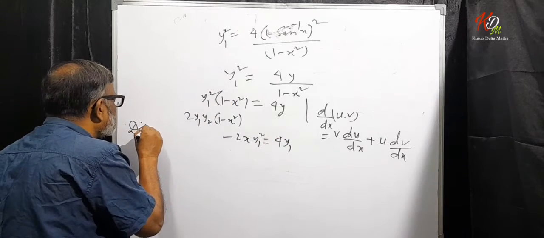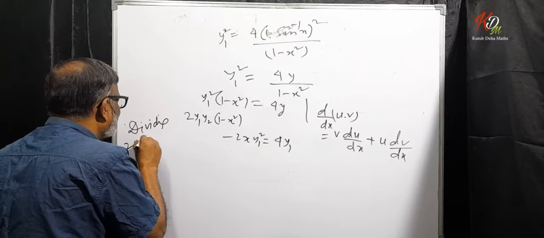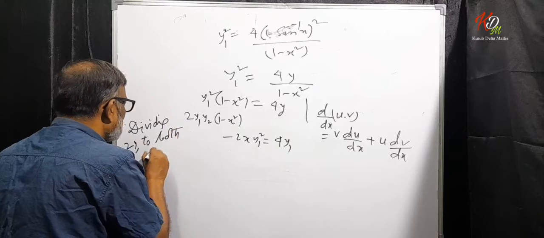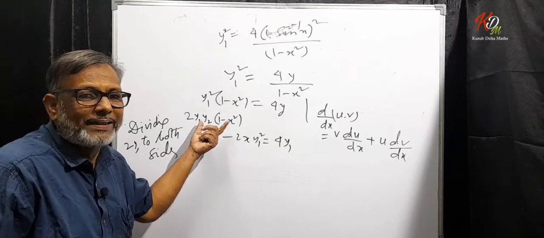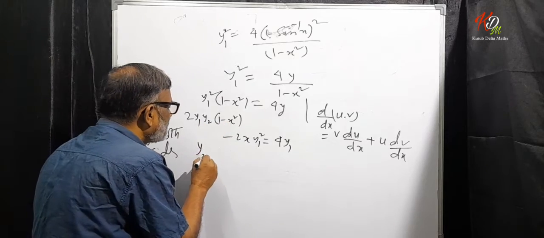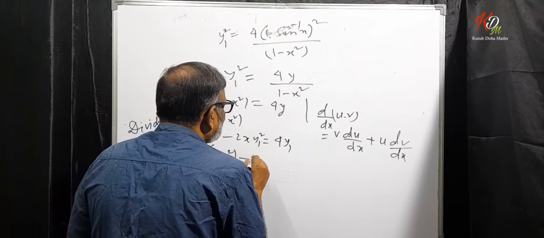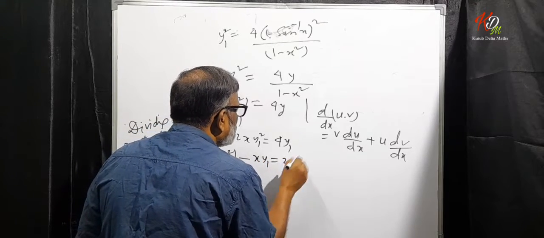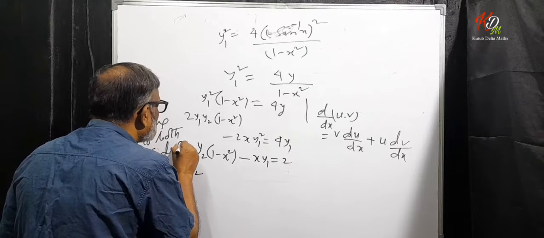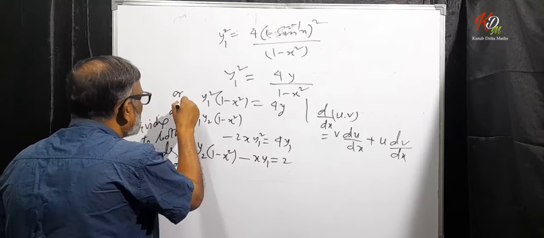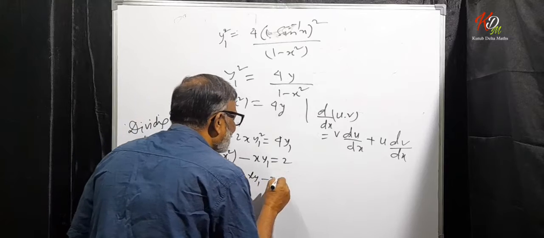Dividing both sides by 2y1, we have (1 minus x square) y2 minus x y1 equal to 2, so (1 minus x square) y2 minus x y1 minus 2 equal to 0.